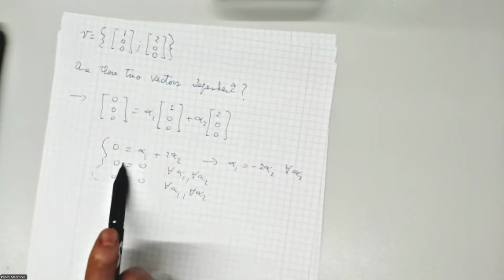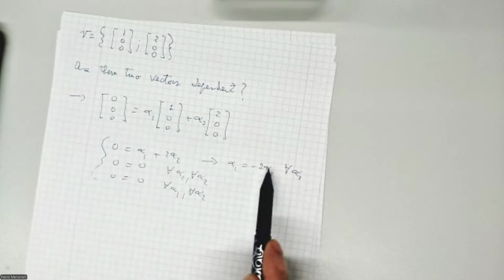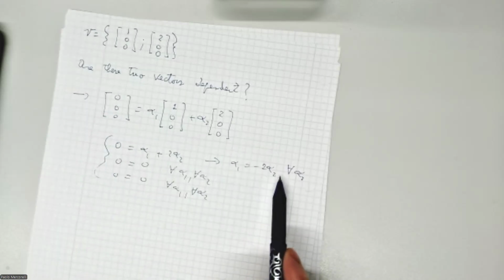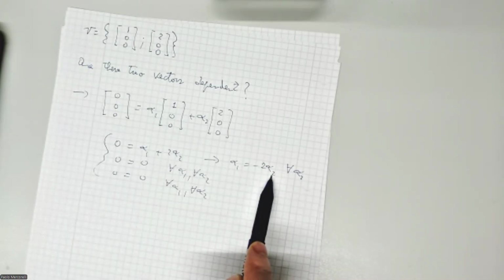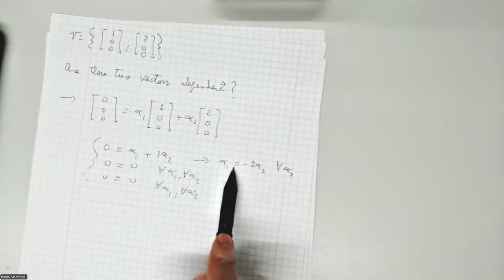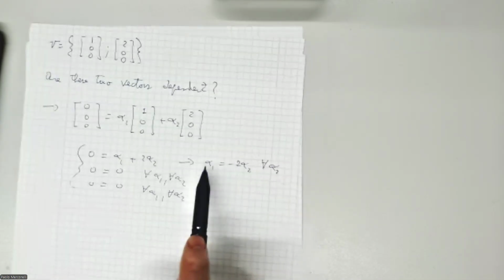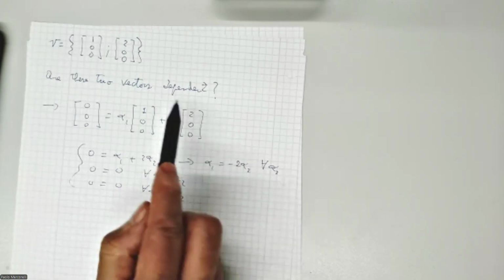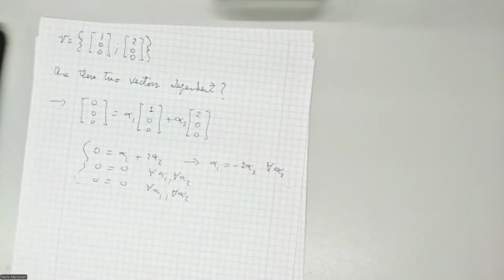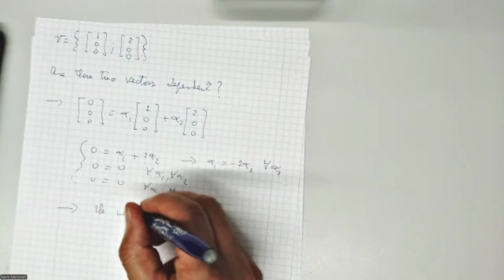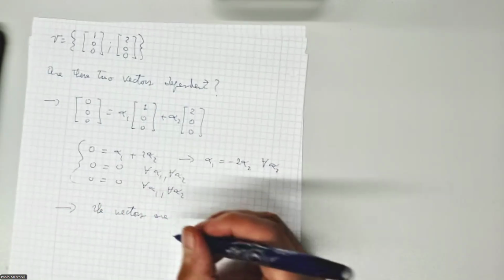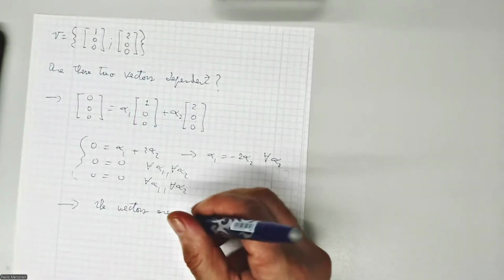These two components, yes. But the first component, not necessarily alpha 2 must be 0. If it's 0, alpha 1 is also 0, but if alpha 2 is 1, for alpha 1 equals minus 1, I have a 0. This means not all elements of each alpha are 0. The vectors are dependent. Do you agree?